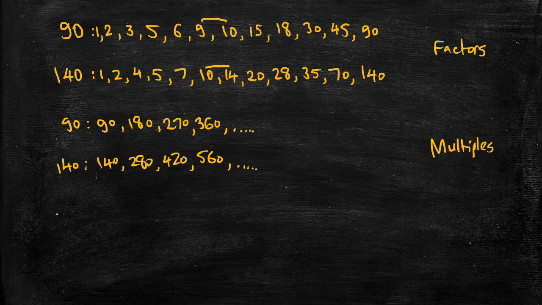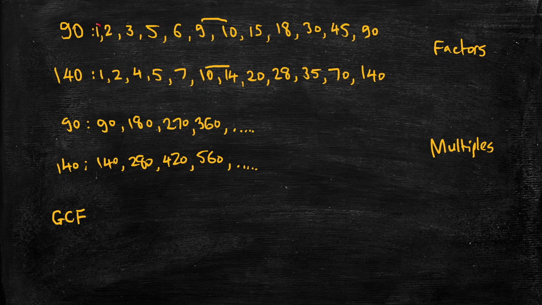Okay, what about the greatest common factor of the two numbers? So the GCF. So we can go through the list of factors and we can mark off the common ones.